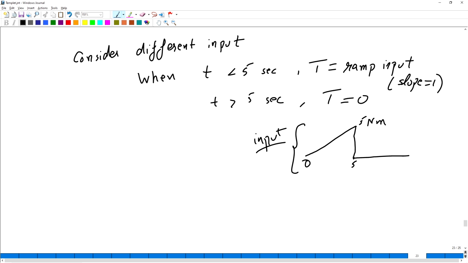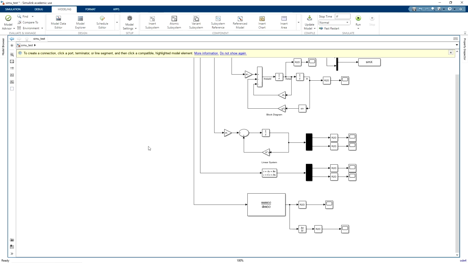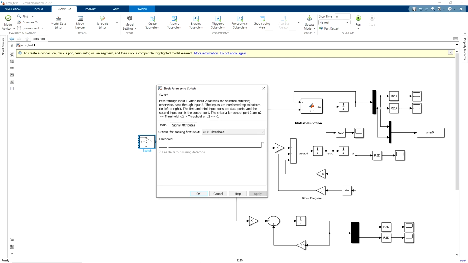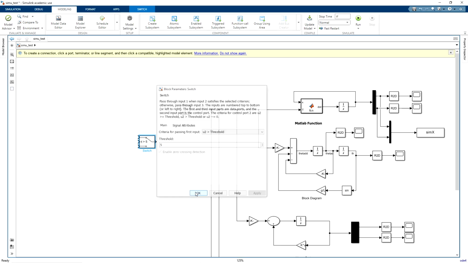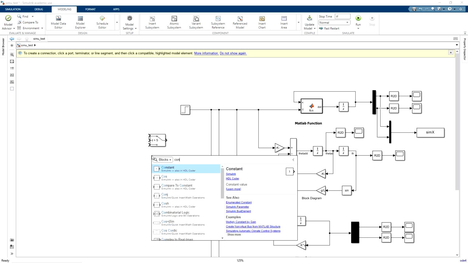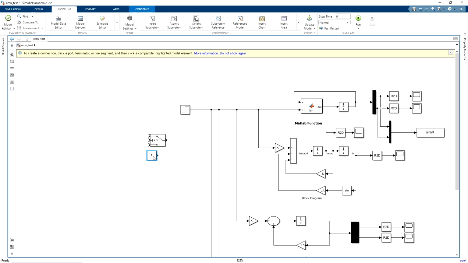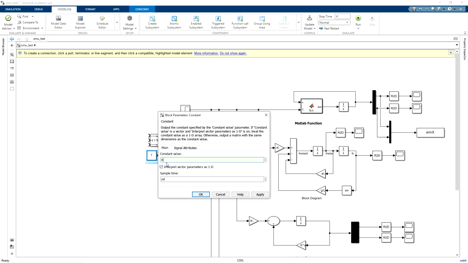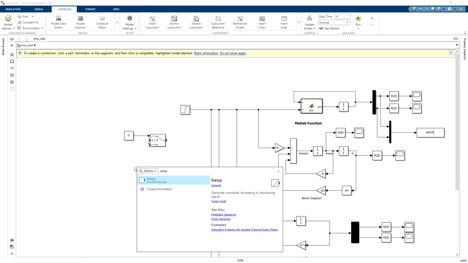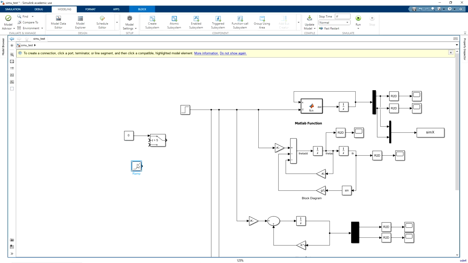Now, how to do this in Simulink? We use this switch block and write here the threshold limit of 5 seconds. The torque is 0 after 5 seconds, and it is a ramp input for the first 5 seconds.